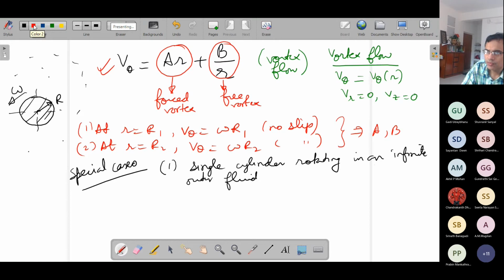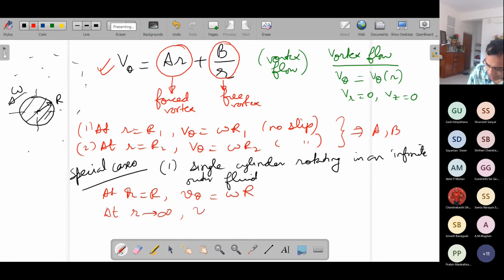So here a special case is you have this at r equal to capital R, v theta is equal to omega R, and because you have no other outside cylinder, you may imagine that there could be another concentric outer cylinder, but only at infinity with angular velocity equal to 0.